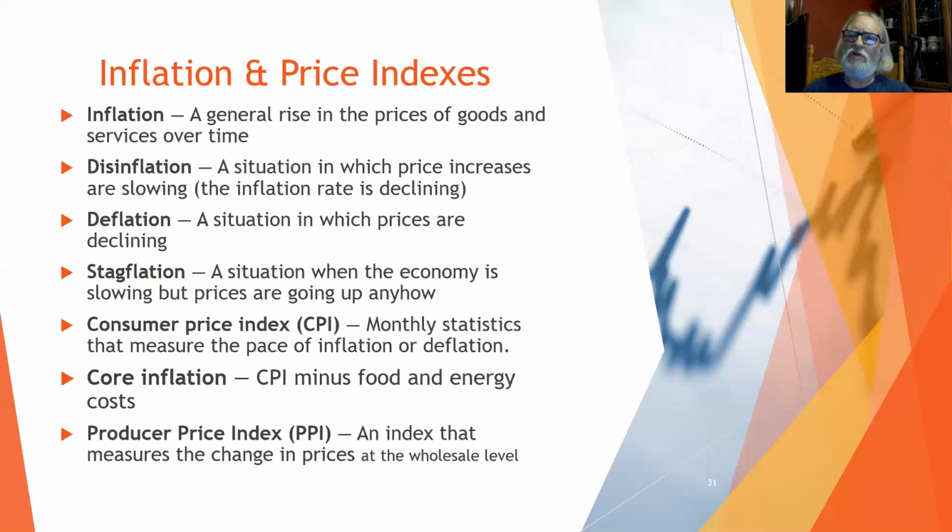Are we moving from one to the other, and so forth? And what is that change? And we will look at CPI monthly and say, oh, okay, the economy's holding strong. Inflation is not increasing. It doesn't seem to be going down, but it's not really increasing. So we would use that index to give us an idea, again, of how to predict what's going to happen in the future.